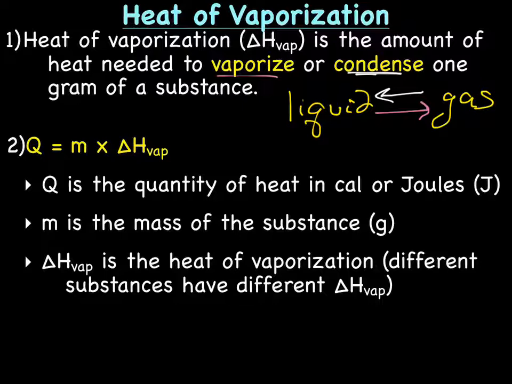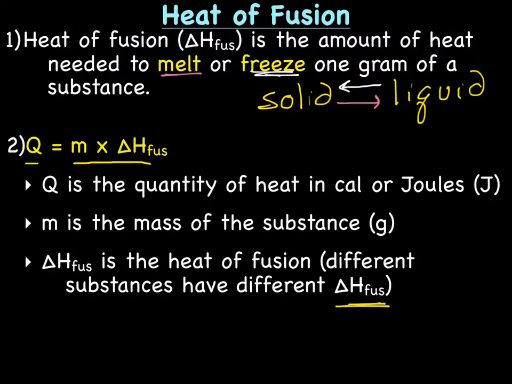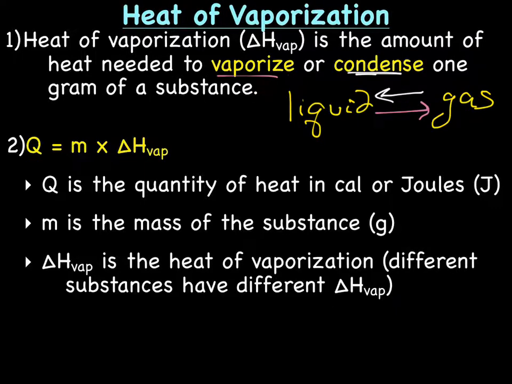We have an equation for heat of vaporization, which is exactly the same form as heat of fusion, so we have Q equals mass times delta H, but this time it's vaporization instead of fusion. Again, Q is the quantity of heat in calories or joules.